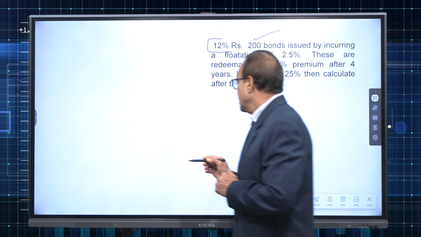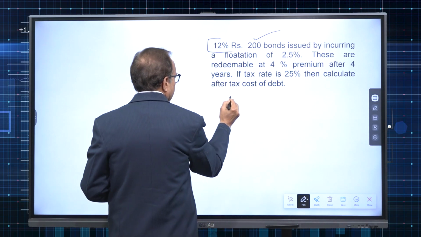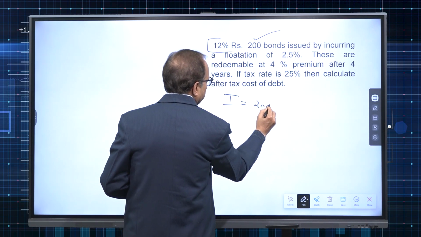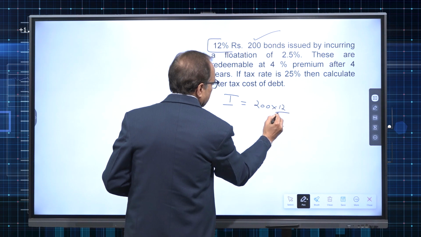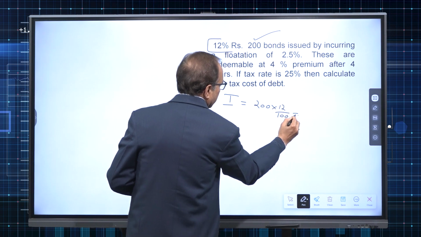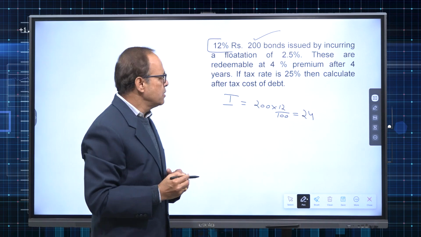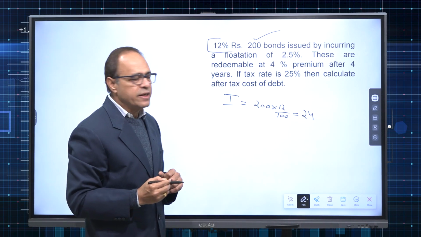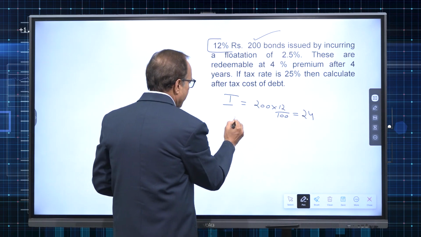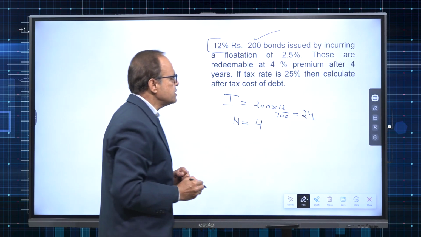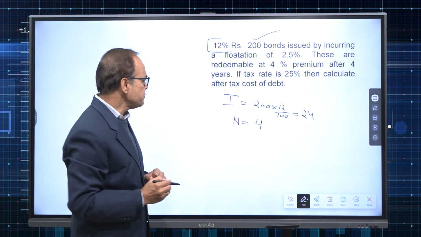It means company will be paying interest every year 12% of the par value, 12% of the par value, that means rupees 24. How long will this interest be paid to the bondholders? Till the complete duration of the bond, which is 4 years.